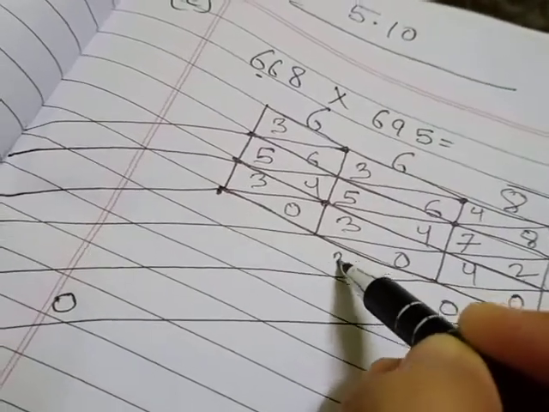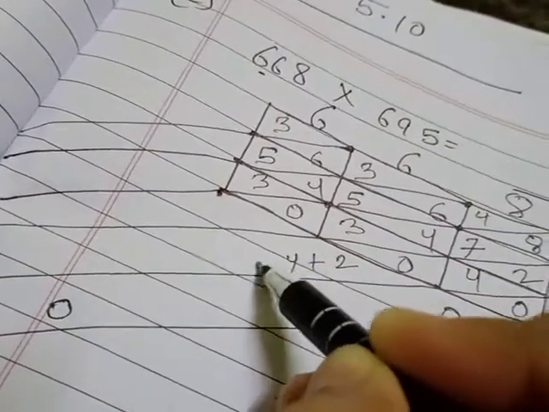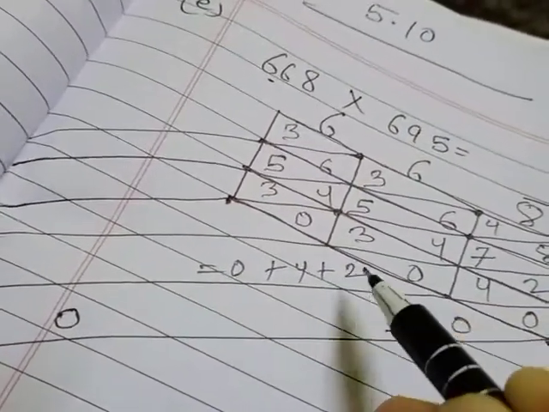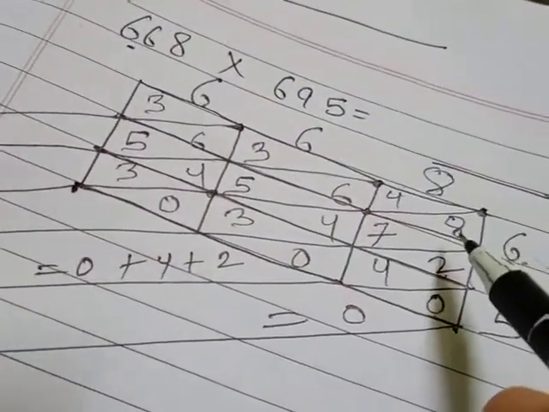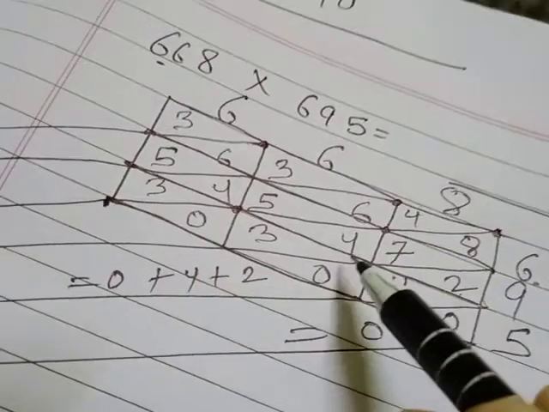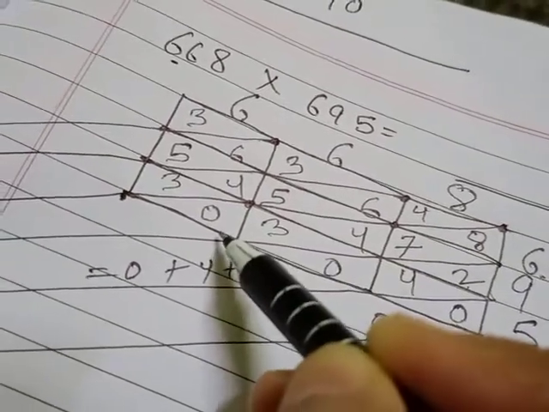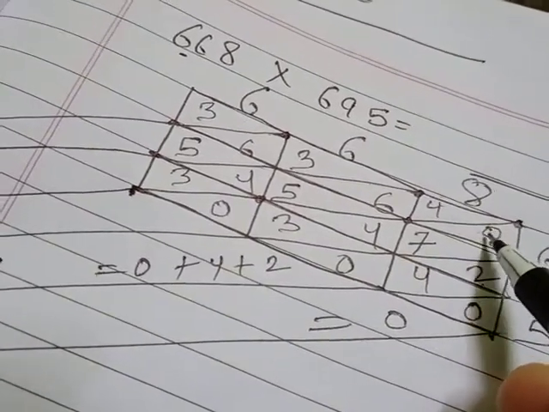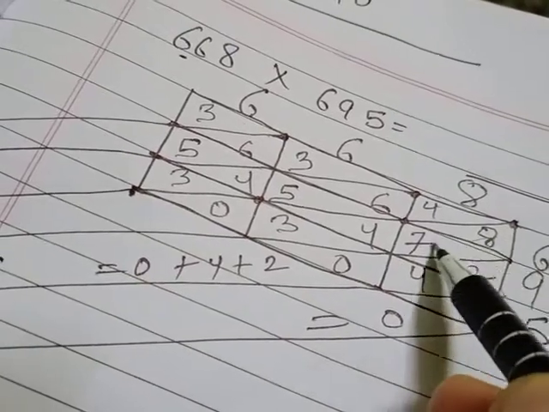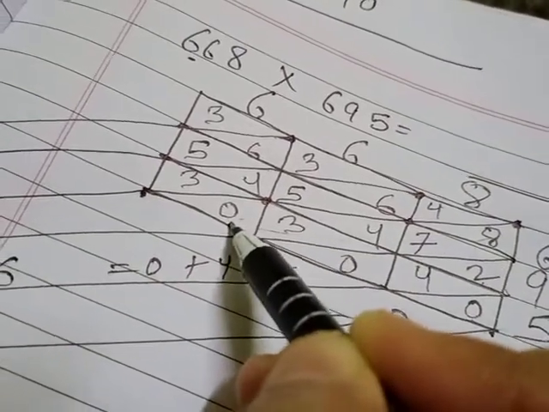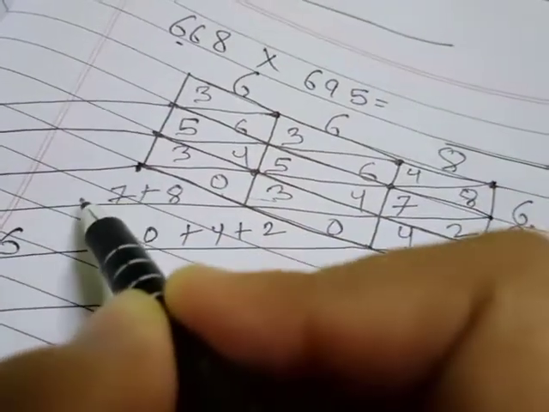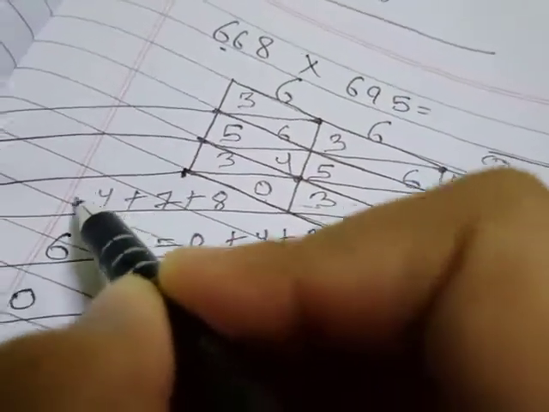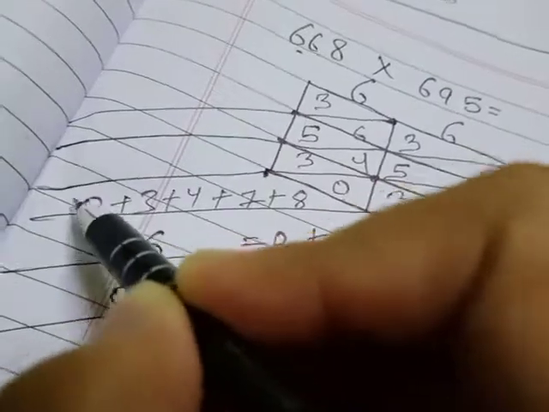So we'll write like this: 2 plus 4 plus 0 equal. 2 plus 4 is 6.